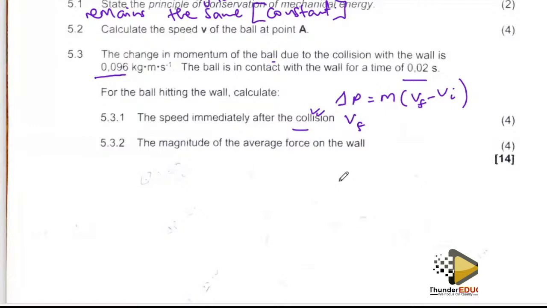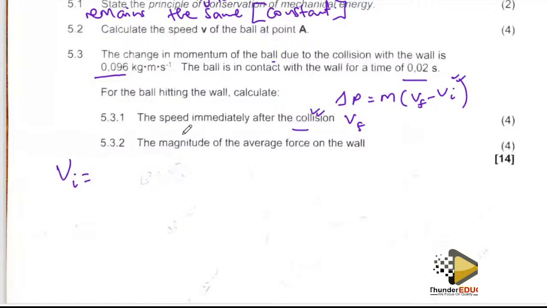But we don't know the velocity with which it hit the wall. So I see two approaches to this. Since I have the mass, I might just get it directly. Okay, no, it's fine. Let me get the velocity with which it hits the wall, which is my VI.